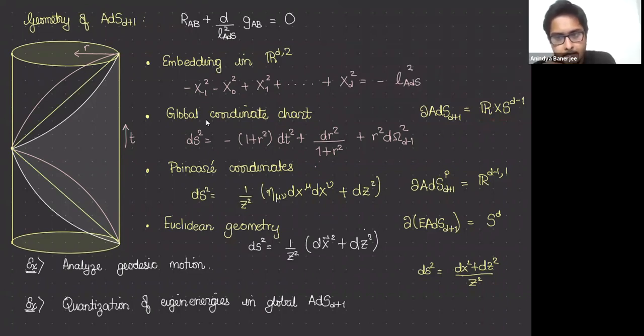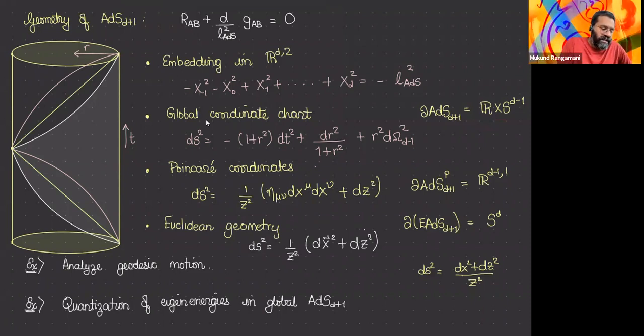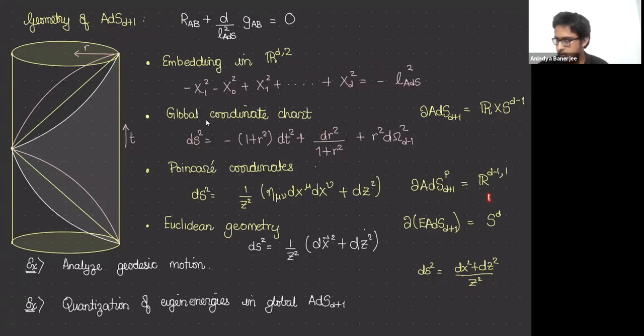There's a big difference, however, which is that the time translation generator of global time corresponds to a different generator of the conformal group than the time translation generator of Poincare time. This time translation generator corresponds to the dilatation generator of the conformal group. This one corresponds to the usual P0, or zero component of the momentum of the Poincare group.